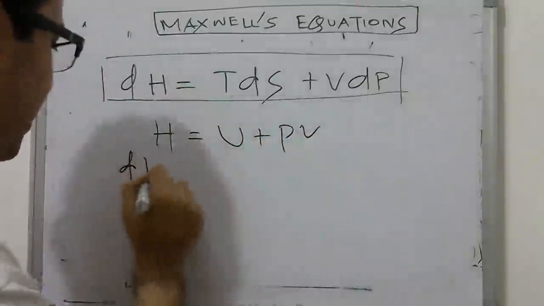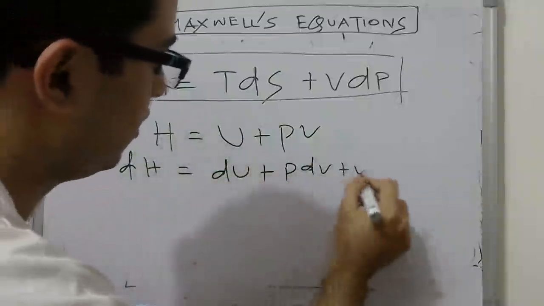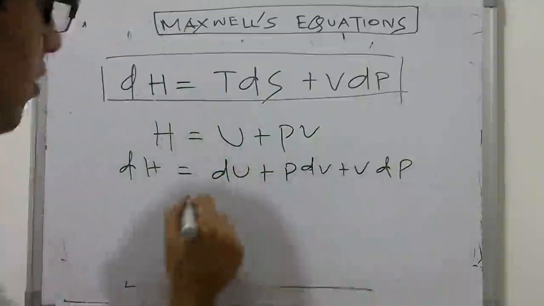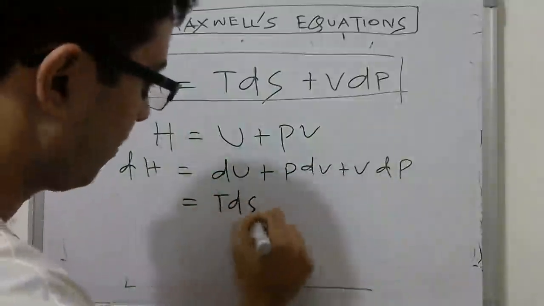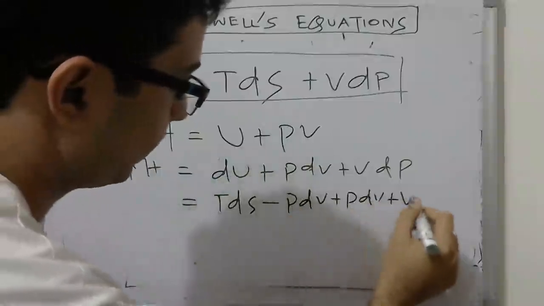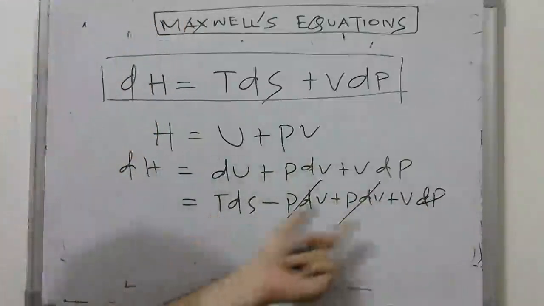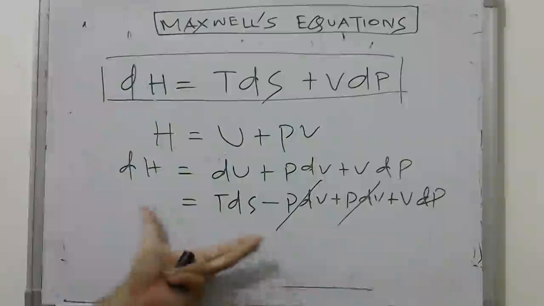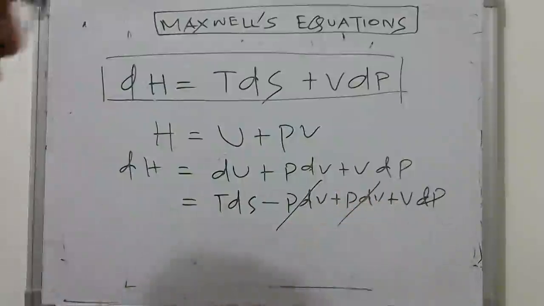So you take dH is dU plus P dV plus V dP. Now dU is nothing but T dS minus P dV, so your P dV cancels out, and you're left with T dS plus V dP. So this is the final expression. Okay, fine.